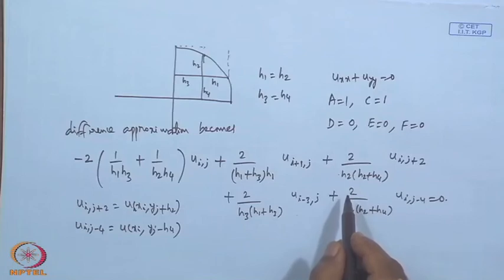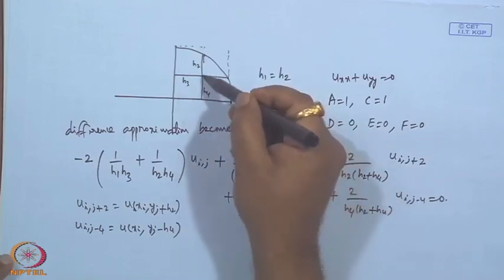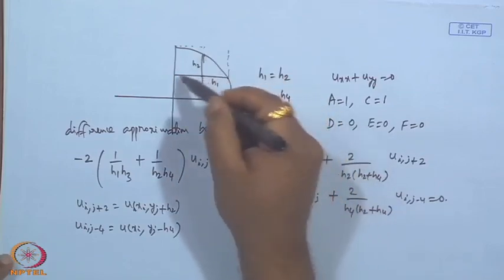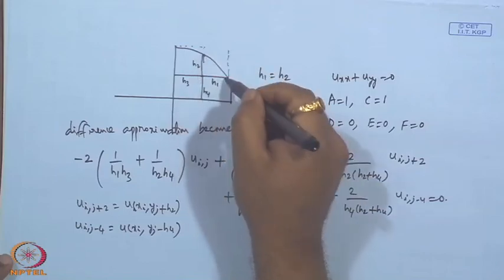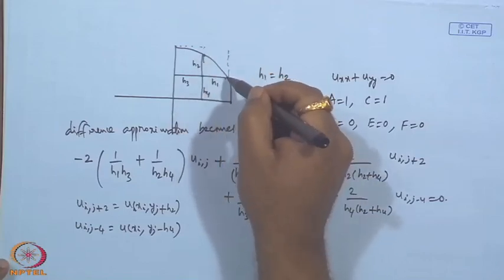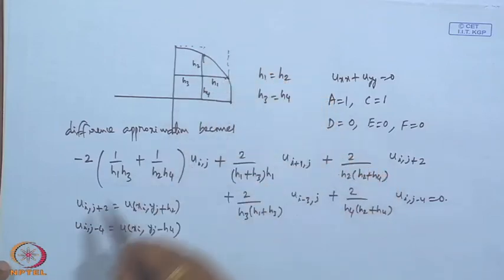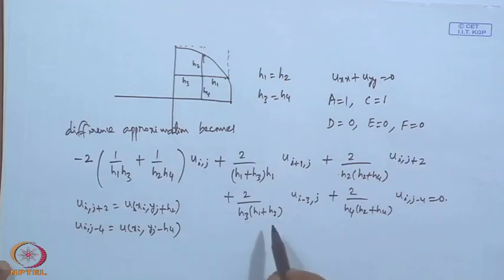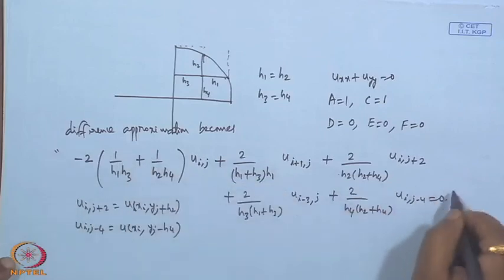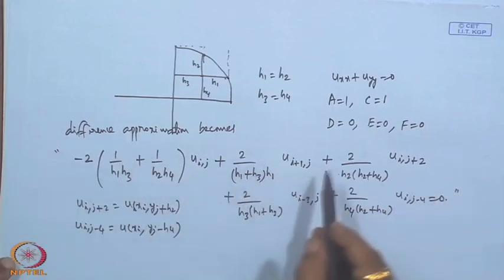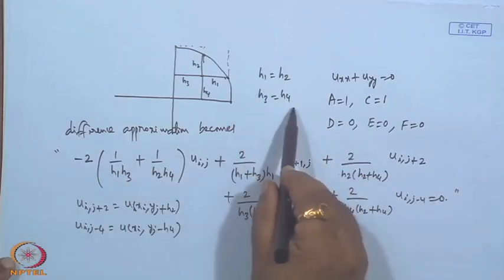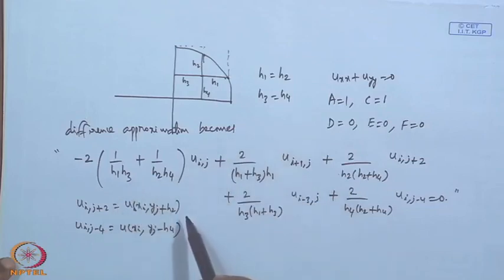Okay. But however, the challenge is when we approximate this, it will ask for these points. We do not know them, because this is not a grid point, so we have to pay special attention. When we solve the problem, we will see. Otherwise this is the simple approximation, which on using h1 equal to h2, h3 equal to h4, further gets simplified. Okay.